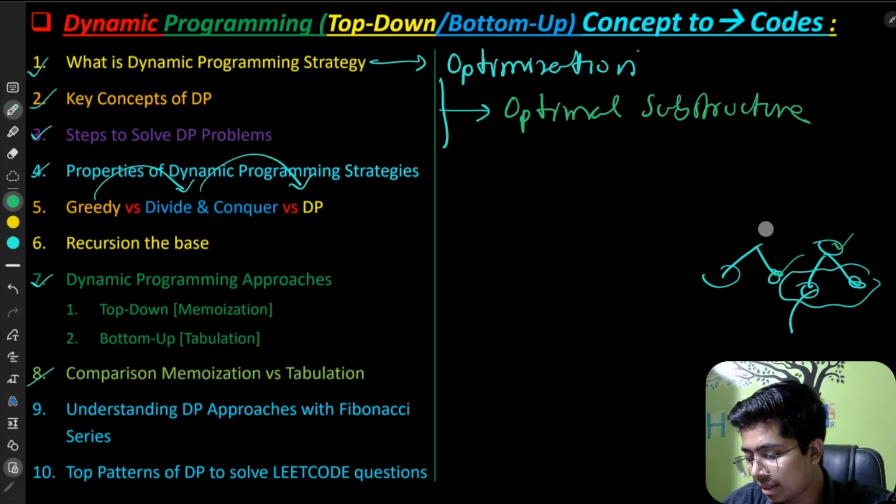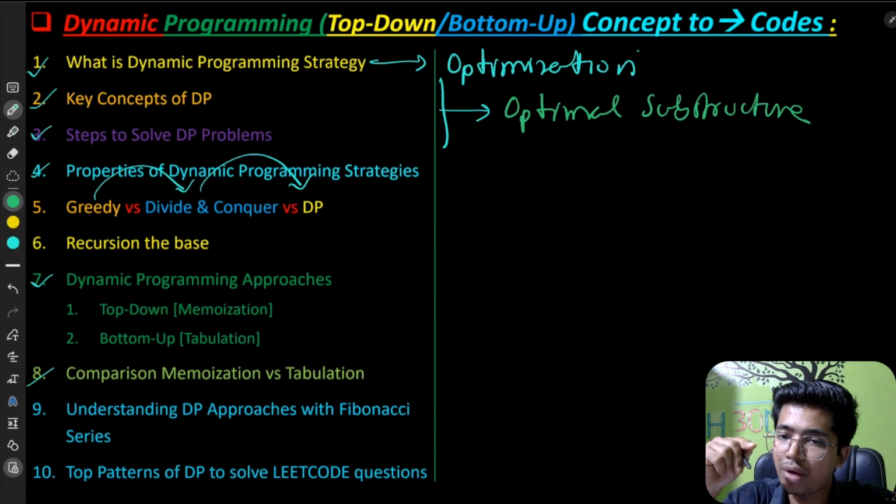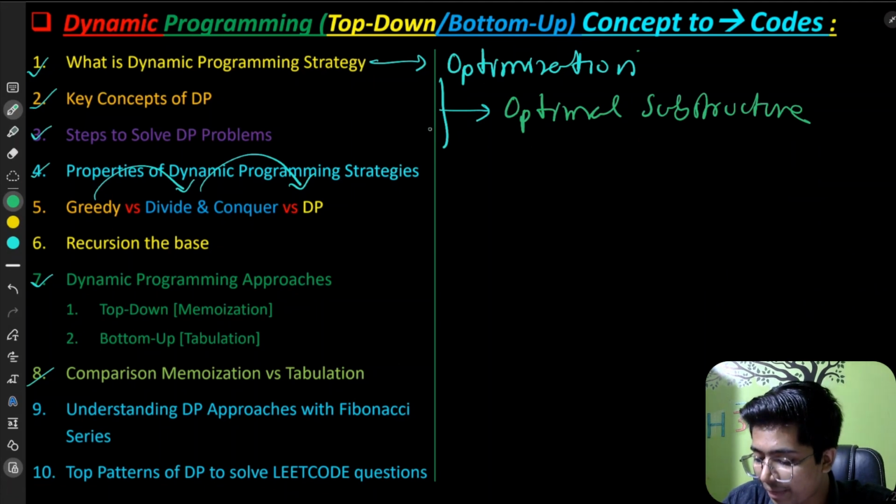So first thing is this. Second thing is when we get repetition. That means while solving the problem we get something repetitive, some values getting repeated again and again. Our program is calculating the same value again and again. So if we get a repetitive manner.